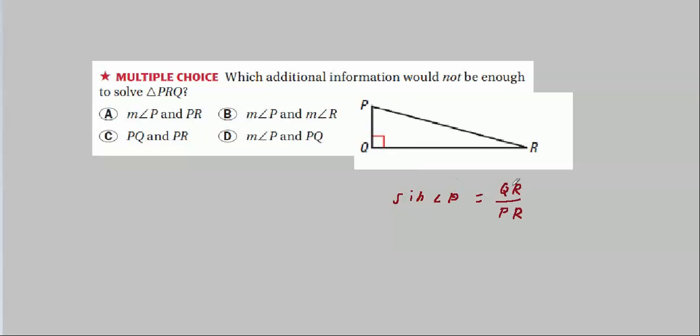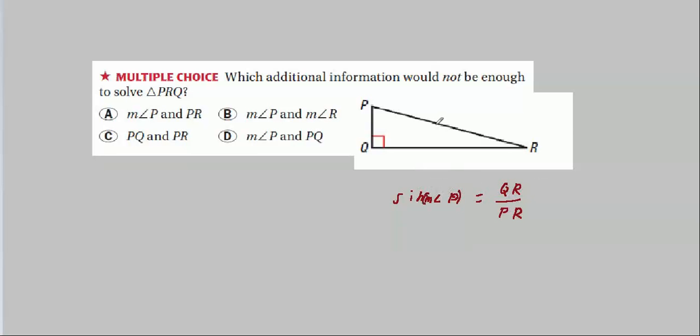That's QR over PR. PR is known, and we can punch in the sine of angle P, because we know angle P, and I guess you're supposed to put a measure in here, because after all, sine only works on actual numbers. So the sine of the measure of angle P is equal to this ratio. We know angle P, so we can compute the sine, and we're given PR, so we can find QR.